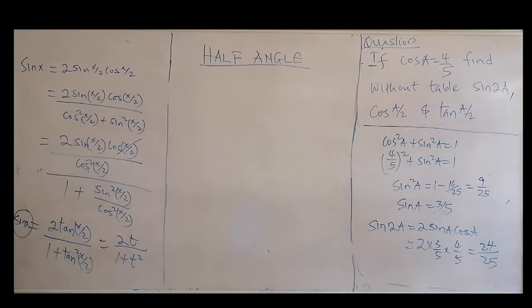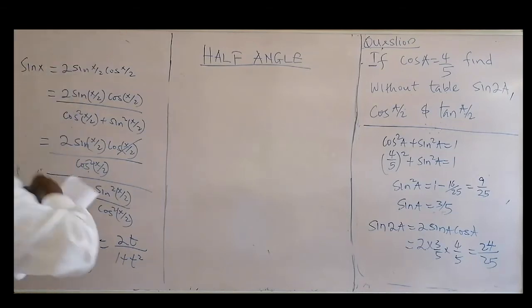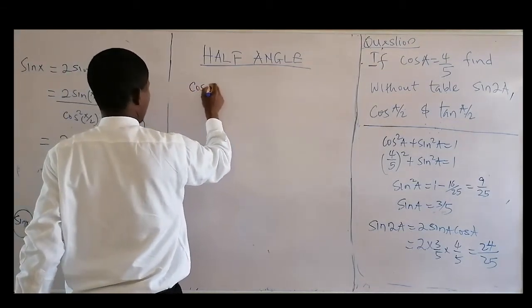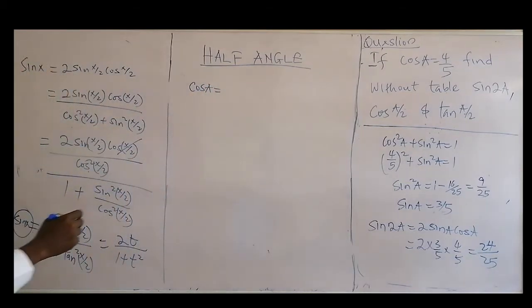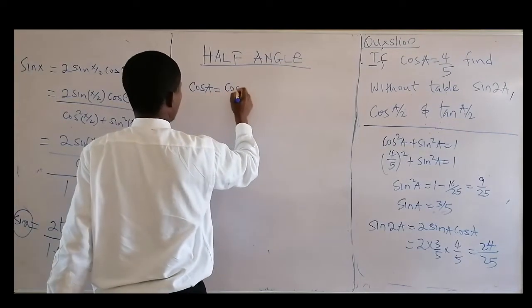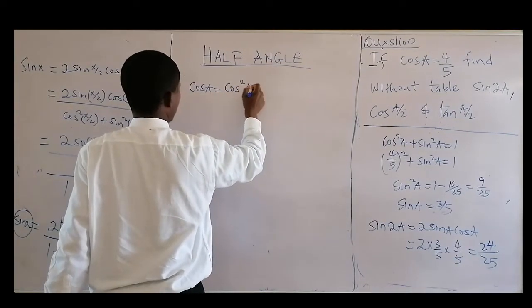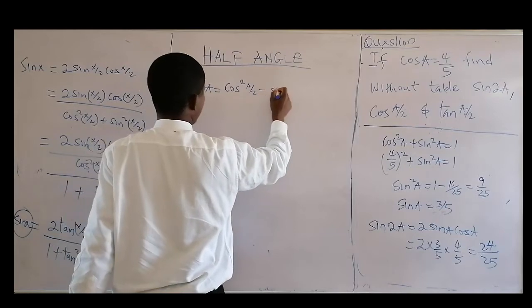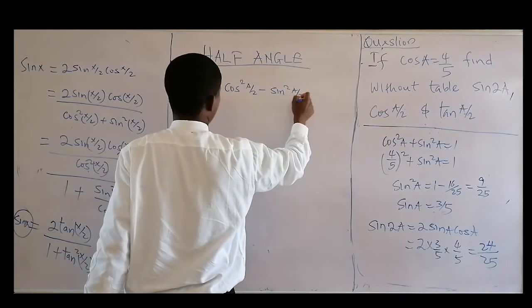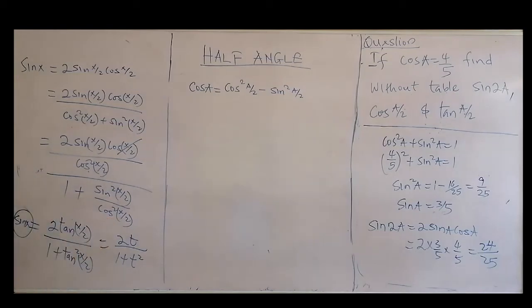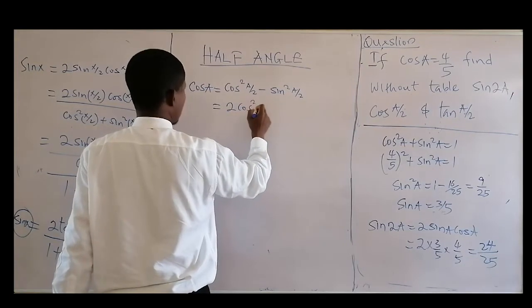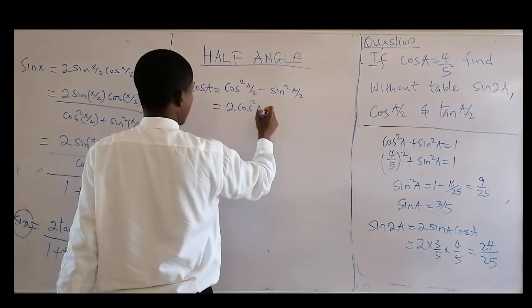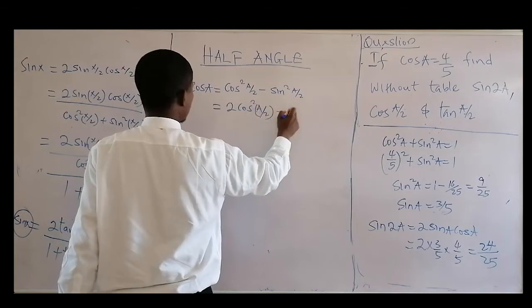For the half angle, I have cos A. Cos A will be equal to cos square A over 2 minus sine square A over 2, which is equal to 2 cos square A over 2 minus 1.